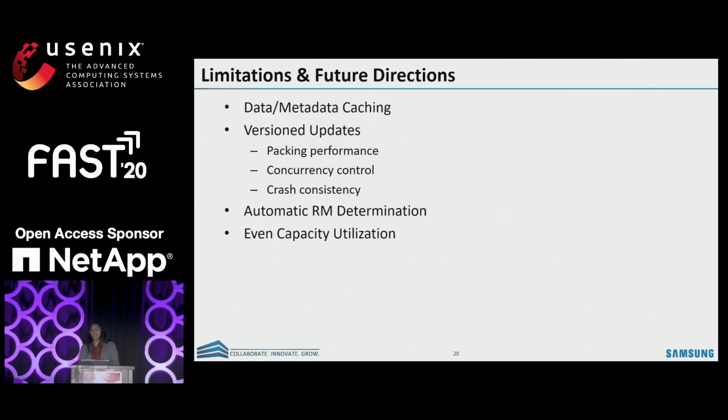And data and metadata caching and packing performance. One thing people could look at is versioned updates, because all you need to do for versioned updates is add one more bit of data in the key, another metadata. It's just another version now.